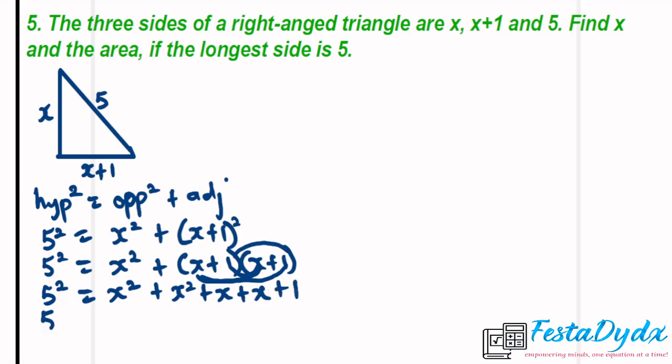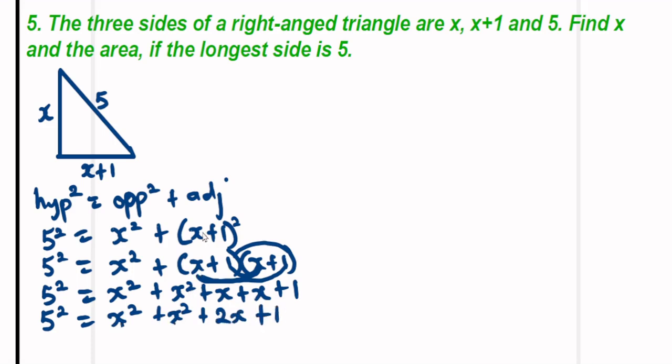So our answer is 5 square equals x square plus x square plus 2x plus 1. So now that we've been able to expand x plus 1 square, which gave us x square plus 2x plus 1, these two are like terms. We need to add them together, then simplify this to give us a quadratic equation. So let's start with 5 square. 5 square is 25.